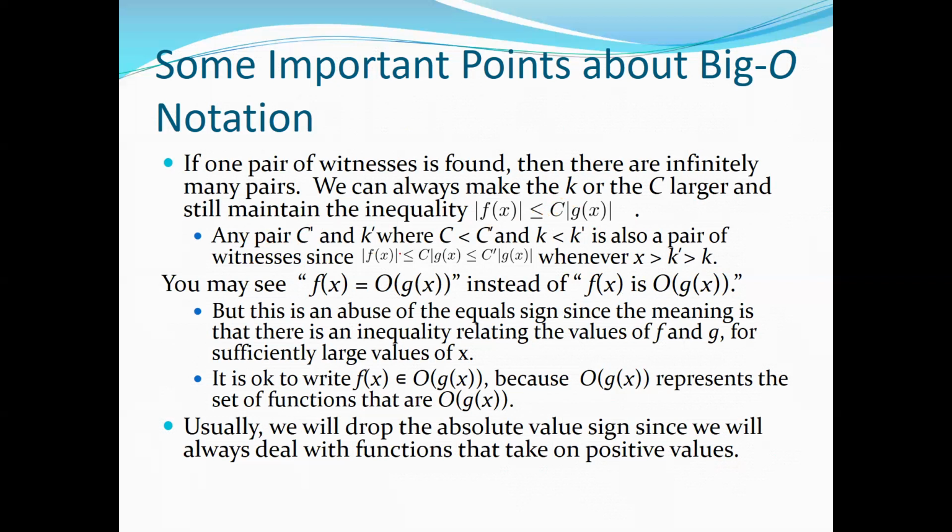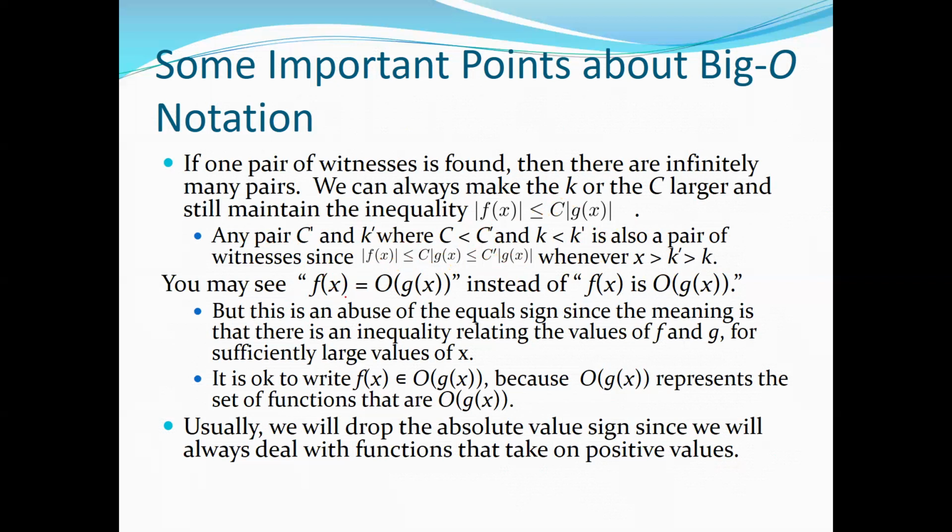Any pair c prime and k prime, where c is less than c prime and k is less than k prime, is also a pair of witnesses, since f of x is less than or equal to c of g of x, and then definitely c of g of x is less than c prime of g of x for k less than k prime. Obviously this is another witness pair, right?